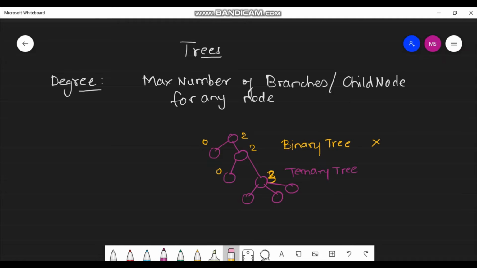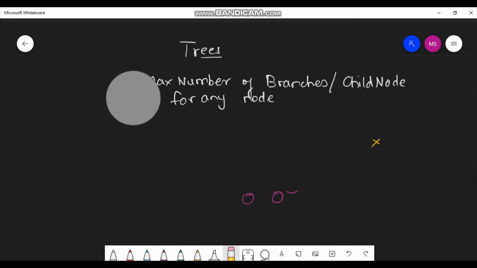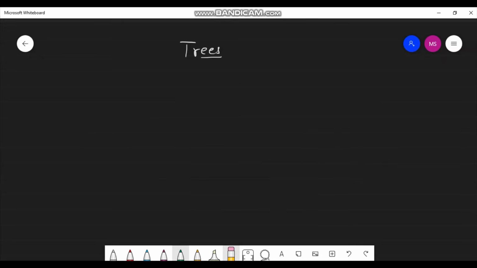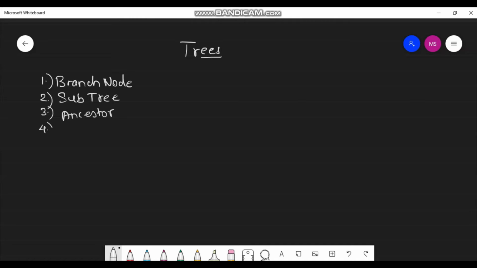Now we will go on knowing what is branch node, what is subtree, what is ancestor, what is descendants, what is path.